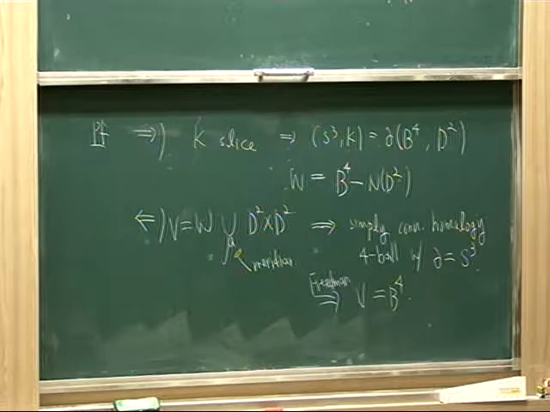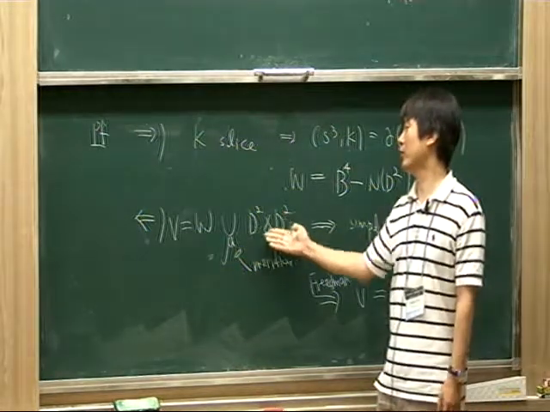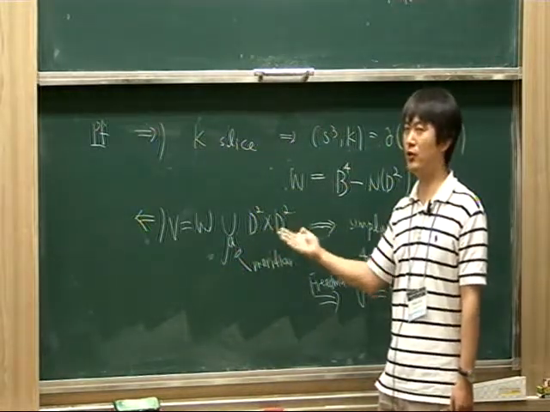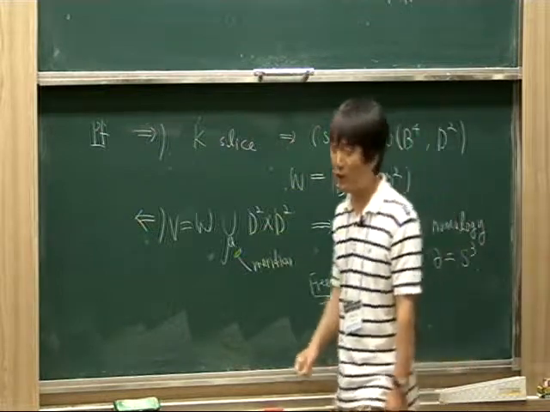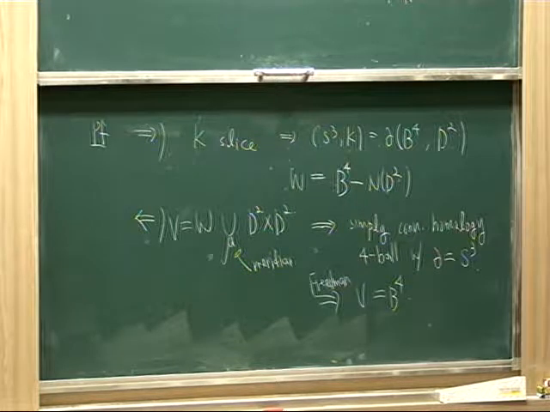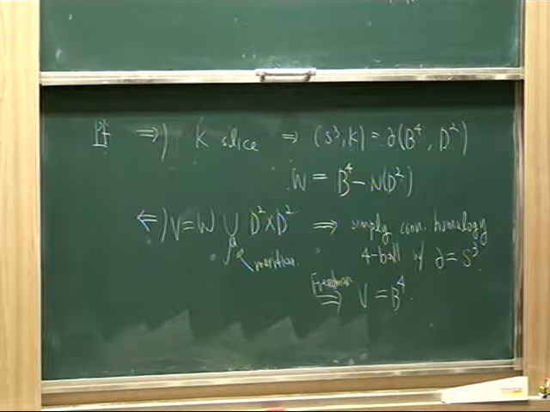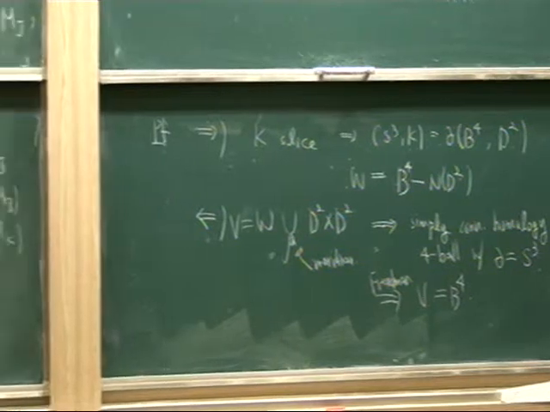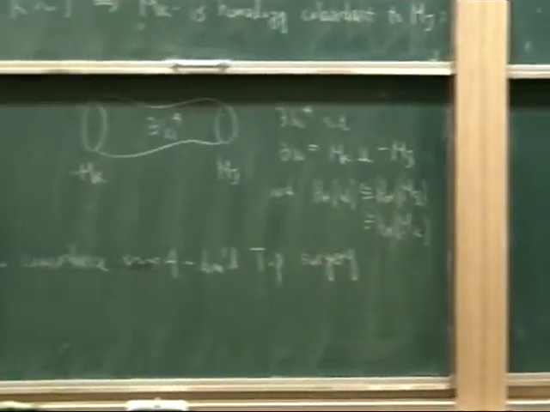Furthermore, if you think of the core of this two-handle, then that gives you the desired slice disk. So this is just a brief introduction to the subject of knot concordance. From now on, I'm going to tell you some known results about knot concordance.